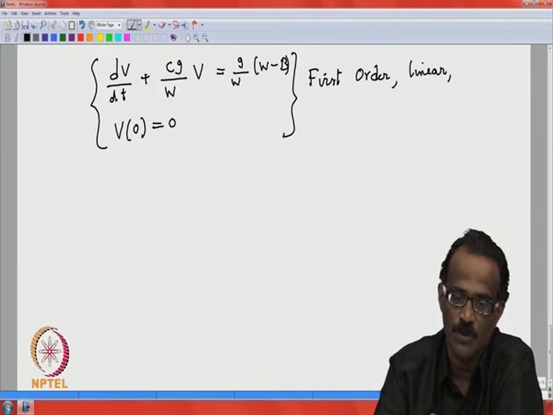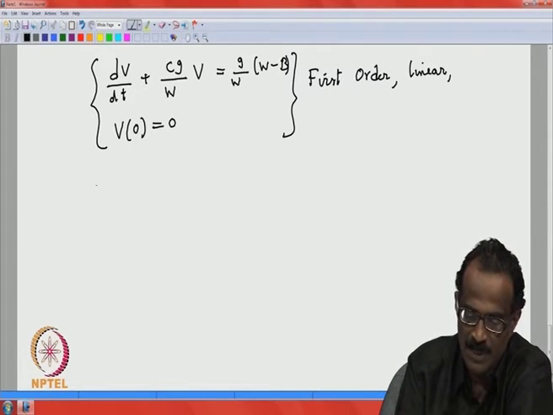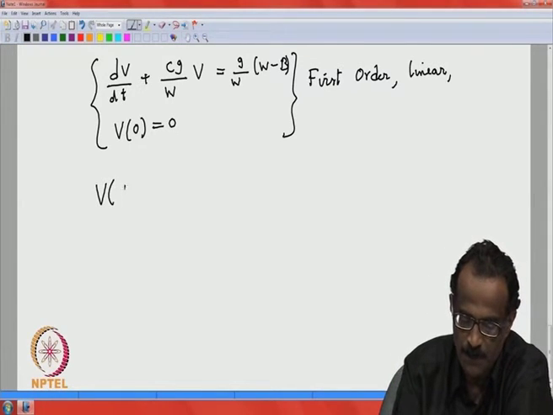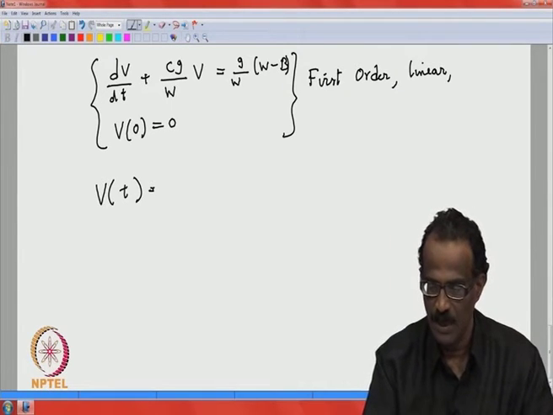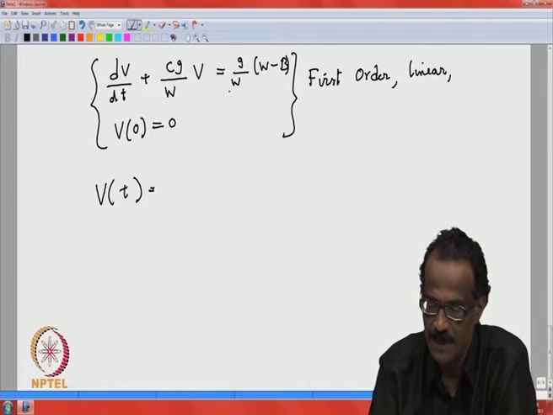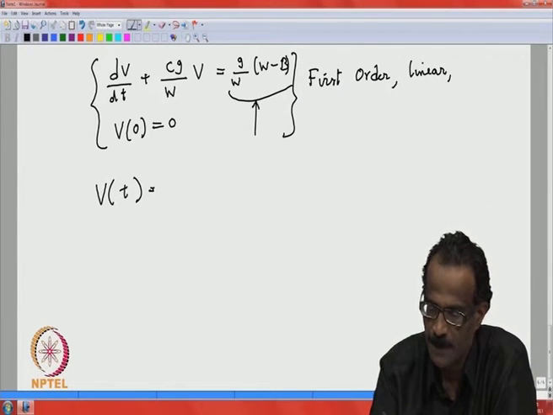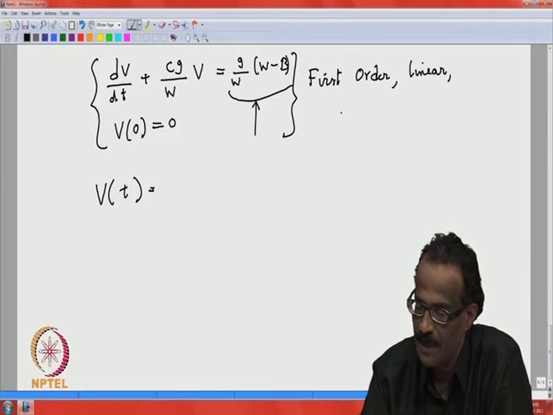What I am going to do is just plainly write my solution. So, the solution will be V(t) is equal to... This is a non-homogeneous equation, there is a non-homogeneous term. So, it is a first order linear non-homogeneous equation.